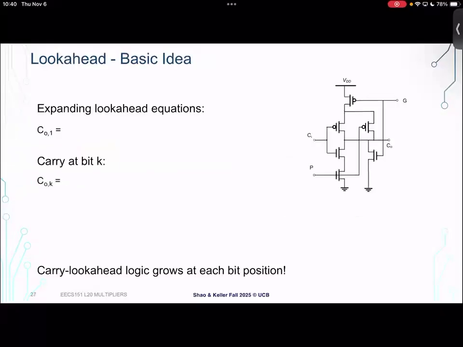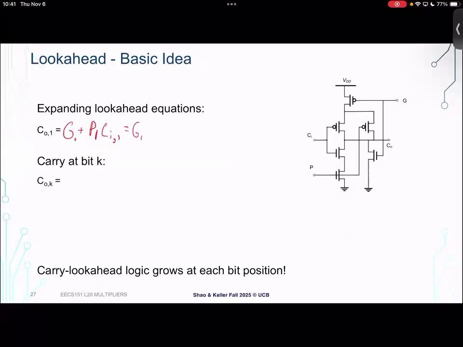So we can think about how to express what I just said in terms of equations. We know in general that the carry out bit is equal to the generate plus propagate times carry in. And we can rewrite that with the carry in expanded as the carry out of the previous stage.